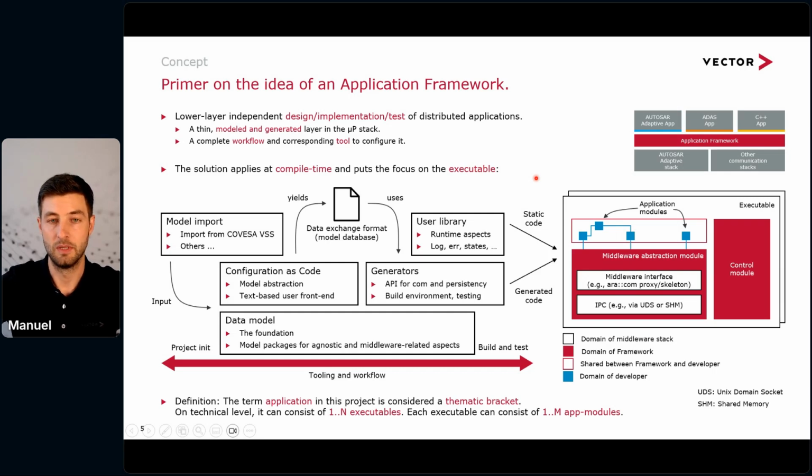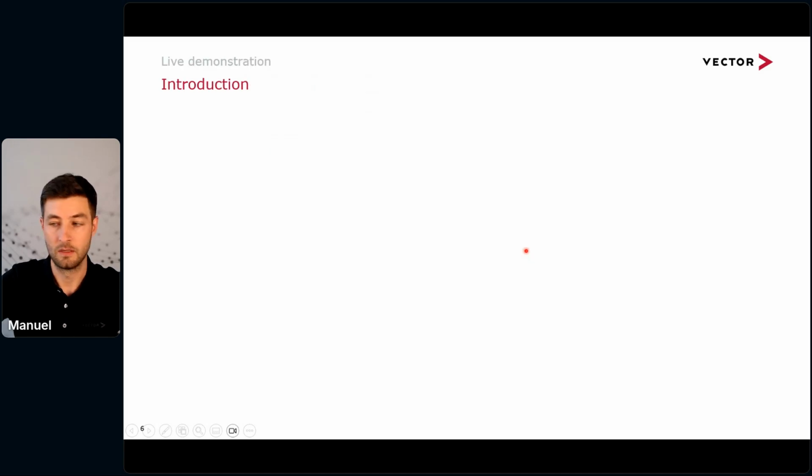So it can be, for example, an ADAS application, a lane keeping application, or something similar. So putting stuff together that belongs together. And on technical level, an application can consist of multiple executables, and each executable again can consist of multiple application modules.